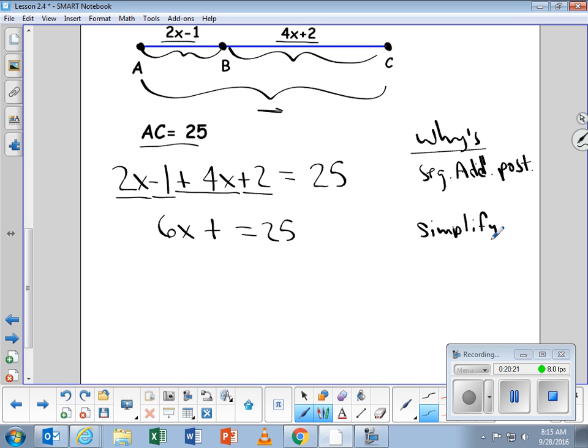I simplified. You can just write that down. Oops, I forgot something, didn't I? I forgot the 1. 6x plus 1. Hopefully you didn't forget that. Now, what am I going to do next, Nick?